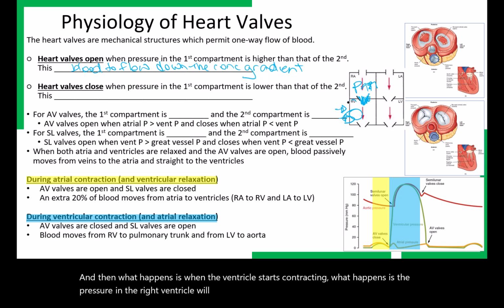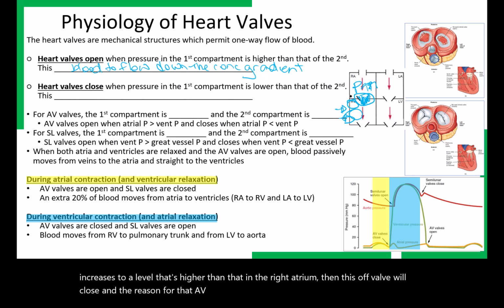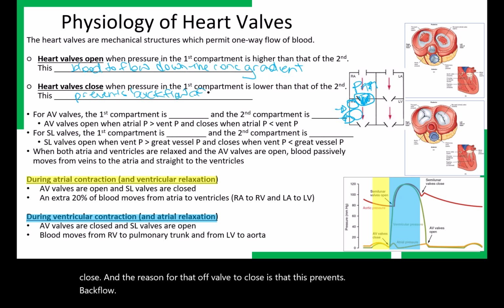Once the pressure in the right ventricle increases to a level that's higher than that in the right atrium, then this AV valve will close. And the reason for that AV valve to close is that this prevents backflow of blood to the first compartment.